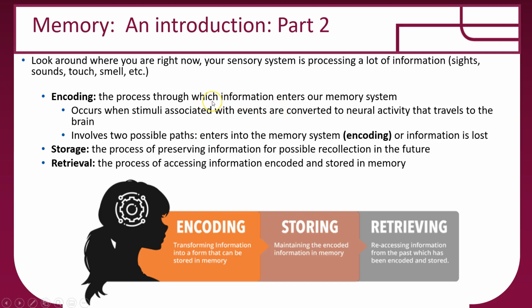And so we have to transform information from the world into neural activity, and now you know neural activity means an action potential that travels to the brain. And with all the information that's around you at every given moment, there are two possible paths for that information. One is that the information enters your memory system, or we call it encoded, or the information is lost.